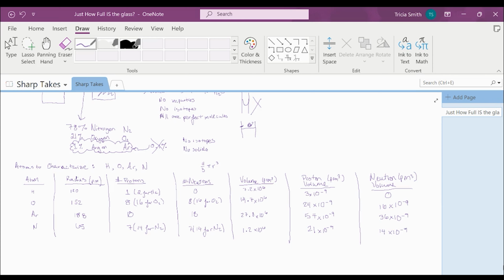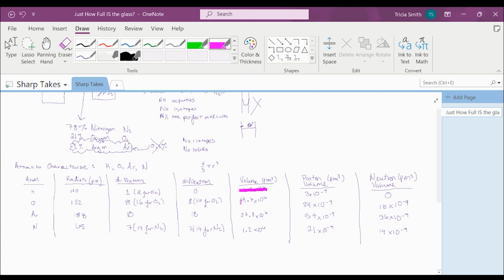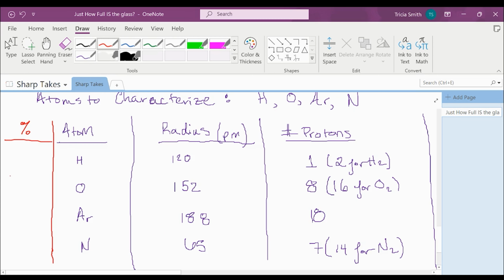Now, what percent of this volume here is actually occupied by these volumes here? The percent occupied for hydrogen is 4.16 repeating times 10 to the negative 14%.